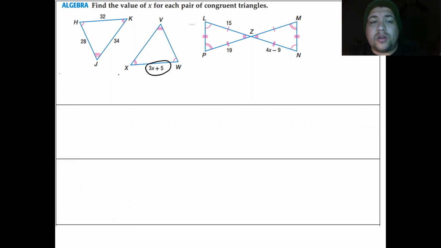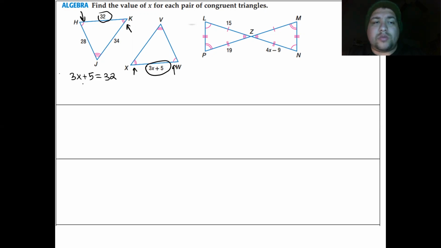Looking at these two, it looks like it's on the angles of 2 and 1, so we're going to look for that side. The other side it's corresponding to would be 32. So 3x plus 5 would be congruent to, or equal to, 32.